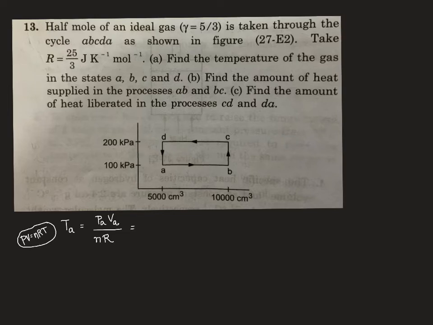So this will become pressure at A, which is 100 into 10 to the power 3 Pascal, into volume, 5000 into 10 to the power minus 6 meter cube, divided by half into R. R is 25 by 3.